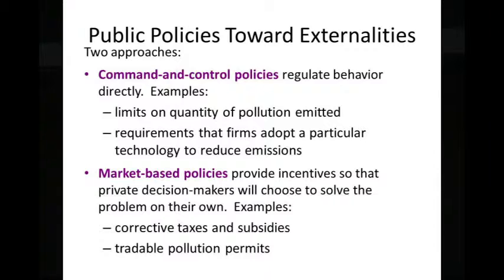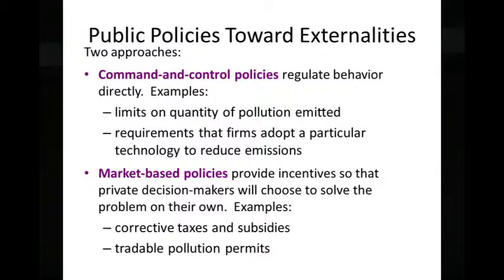lost. When an externality causes a market to fail to reach an efficient allocation of resources, the government can respond in two ways. The first way is command and control policies, where they regulate behavior directly, and also market-based policies to provide incentives so the private decision makers will choose to solve the problem on their own. Externalities can be corrected by requiring or forbidding certain behaviors.